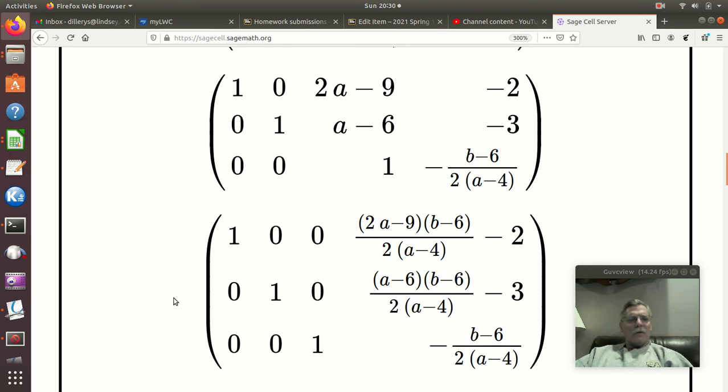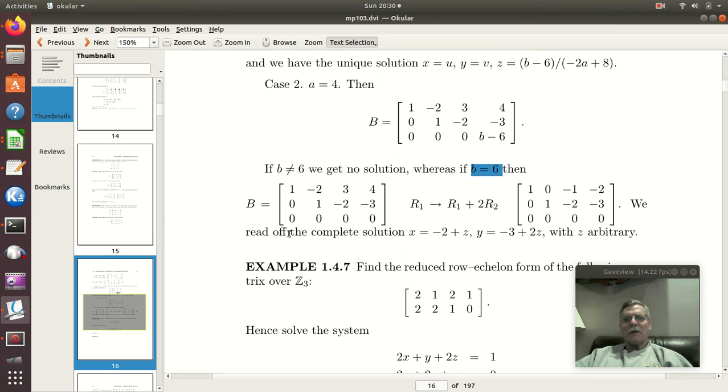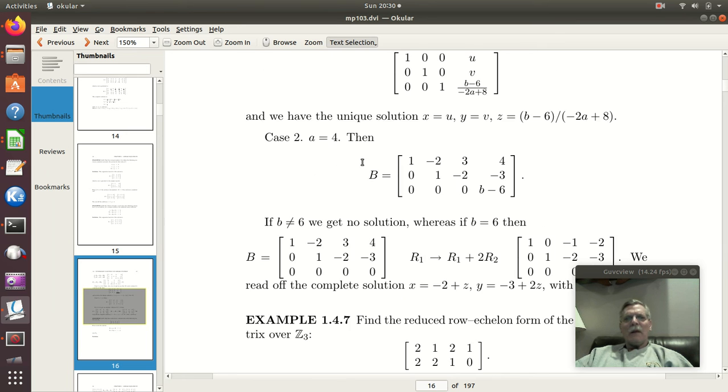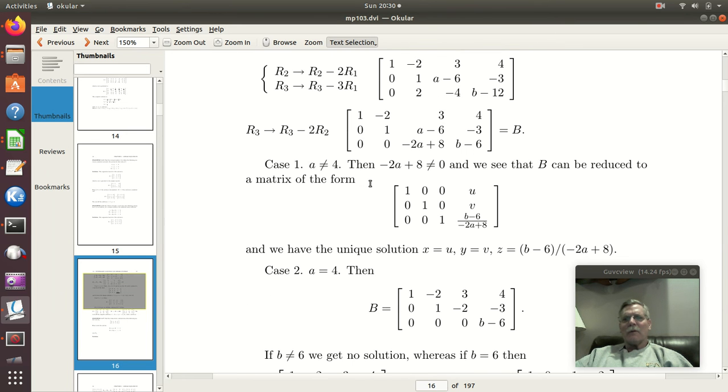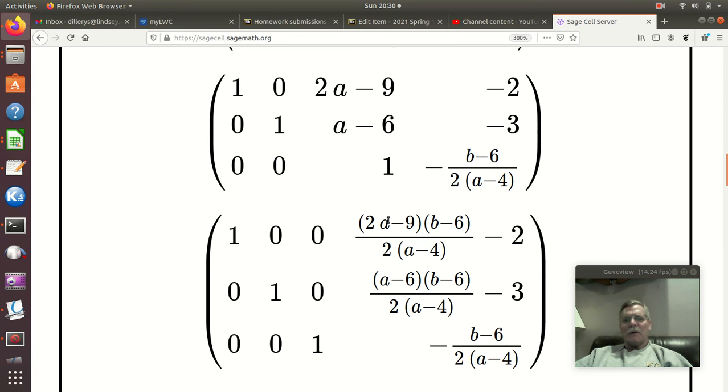And notice, compared to the text, hey, we go a little better than them, because when they take the case of a not equal to 4, they give the b minus 6 over the negative 2a plus 8, but they just say u and v, and they never tell us what u and v are, okay, for that unique solution. Hey, but we know because we've used Sage Cell and Sage Math, and here we have it. This is what it would be.